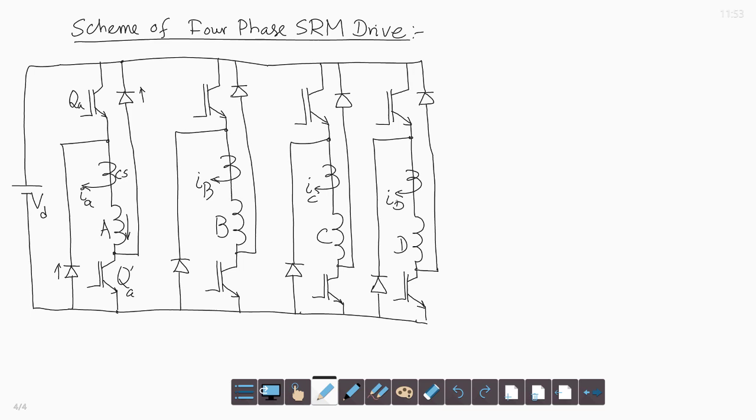So, this is the 4-phase stator winding supplied by 4-phase converter using IGBT.